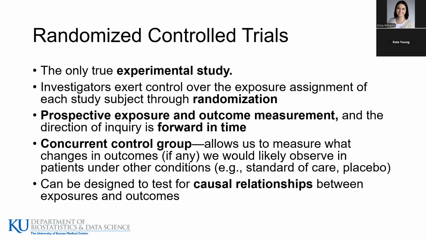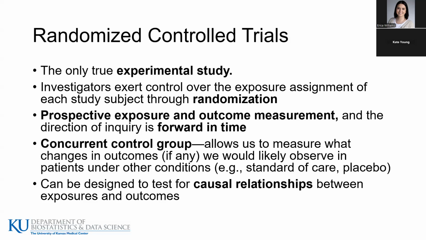So I touched on this briefly a minute ago, but I wanted to go into more detail. So prospective or retrospective identifies when the cohort is identified relative to when the outcome measurement is obtained. So in a randomized controlled trial, this type of study is prospective because we enroll patients and then we take their measurement, as opposed to having measurements that have already been taken.